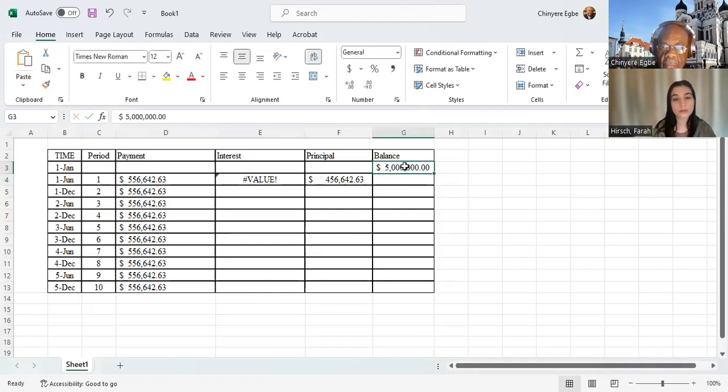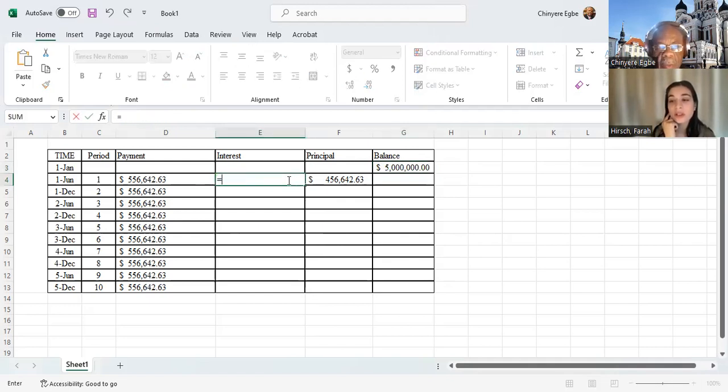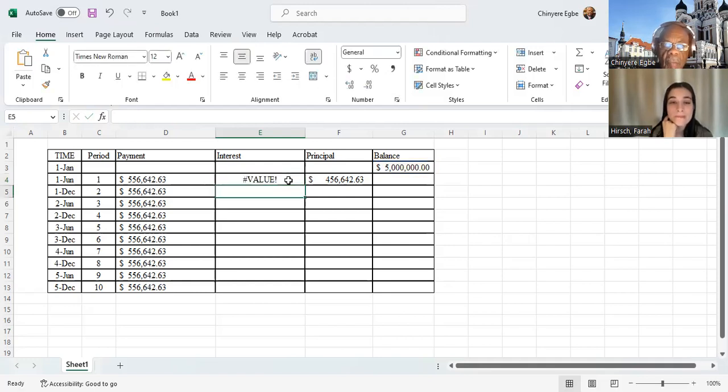You see the G3 here? So it's equals 0.02 star G3, and it highlights the 5 million. You get it?